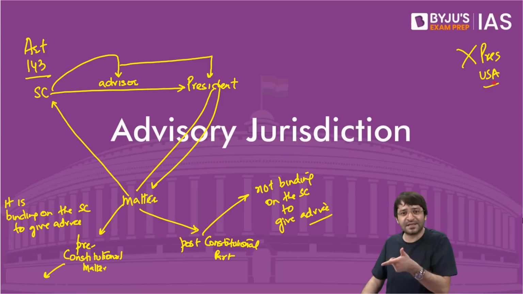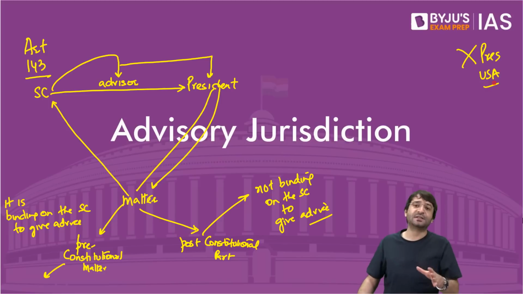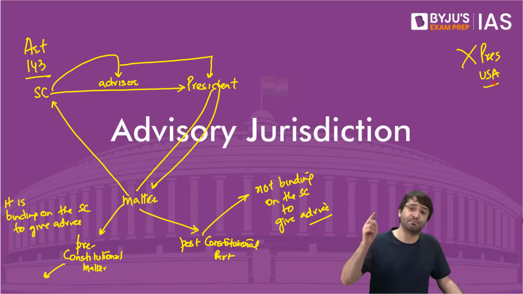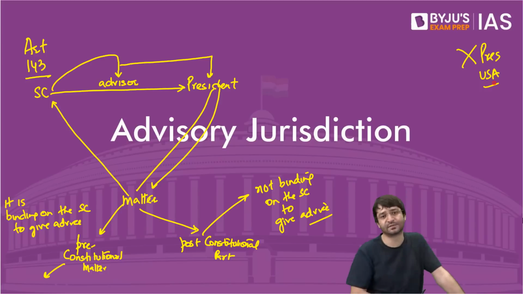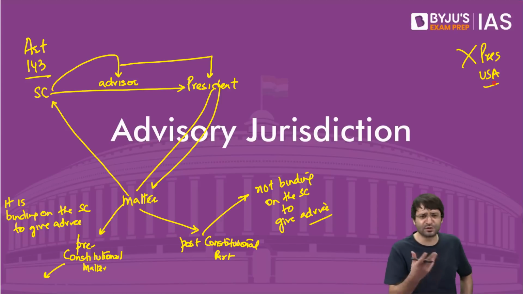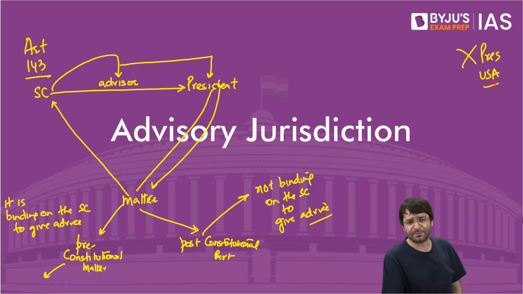That means it can advise the government what to do on these matters. But if it's a pre-constitutional matter, it is binding on the President to give that advice. And if it's a post-constitutional matter, it is not binding on the Supreme Court to give that advice. And we have used this presidential reference multiple times.